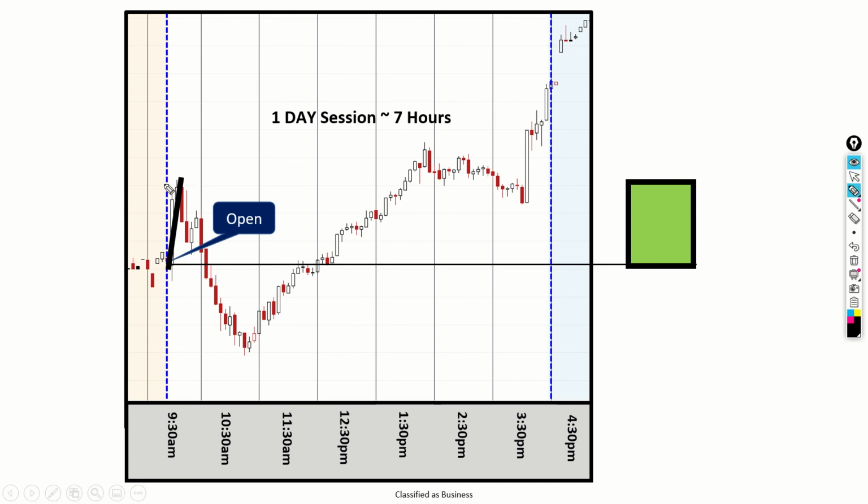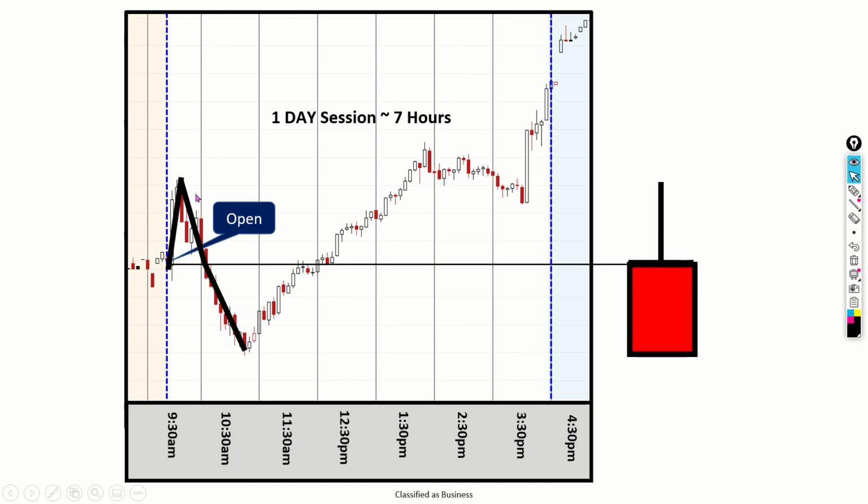Of course, this is where you have a lot of bears waiting, and they try to reject the price from going higher, and this is where we see the price go down. When the price goes down to a low, we can see an upper shadow form.